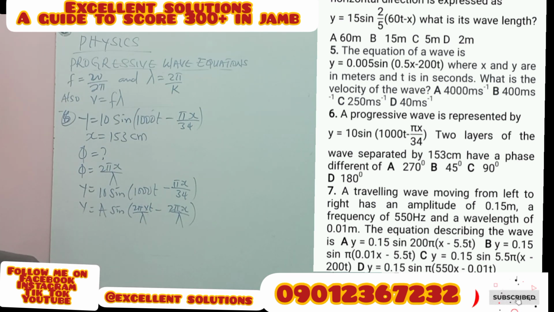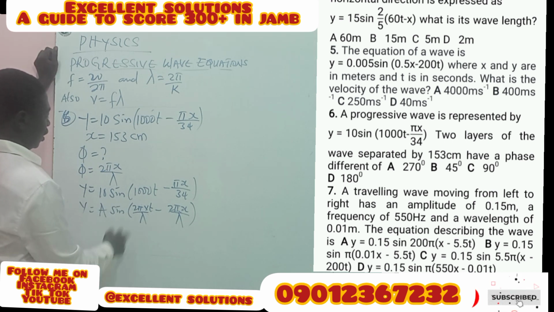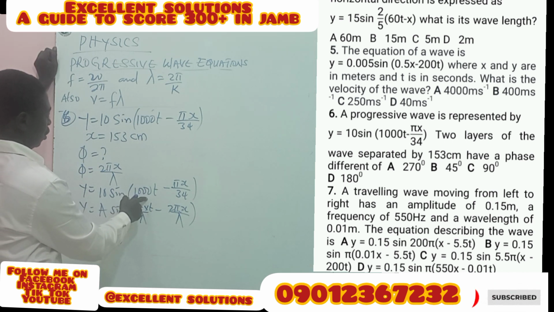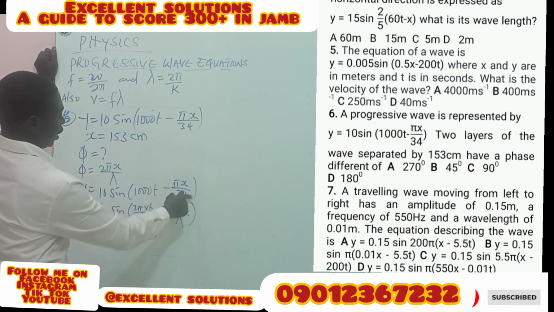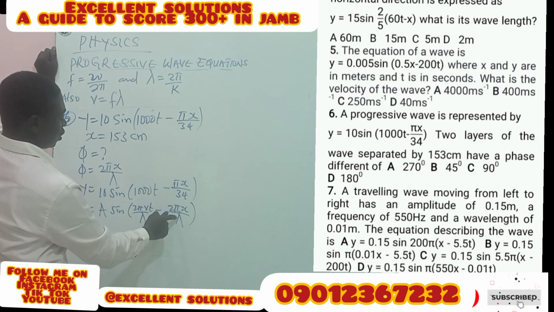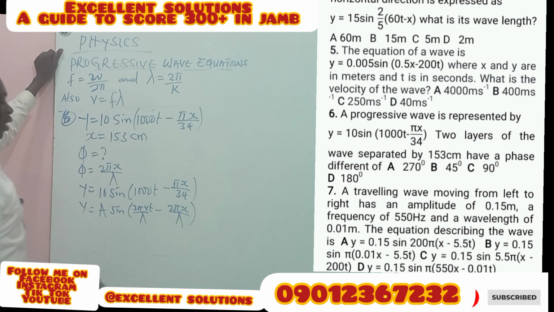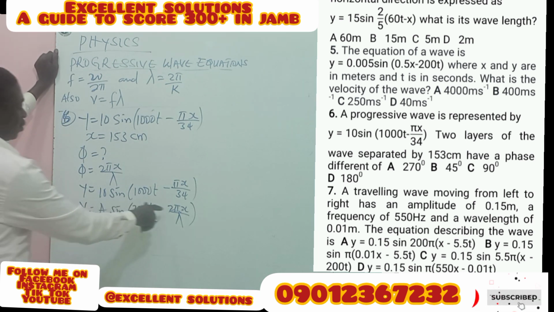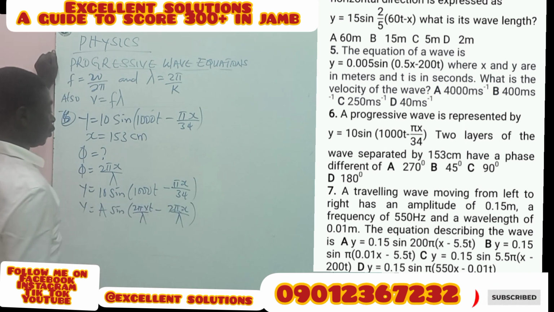If we compare here, amplitude is 10, 1000 is the same as 2 pi v upon lambda, and pi x upon lambda is the same as 2 pi x upon lambda.